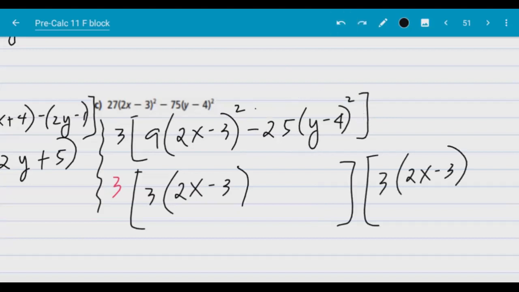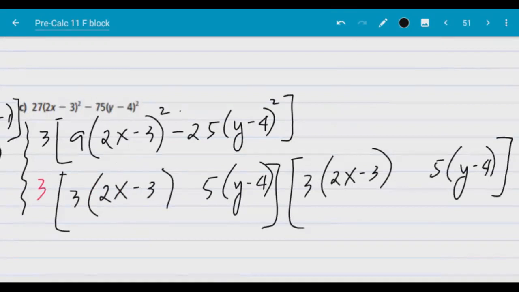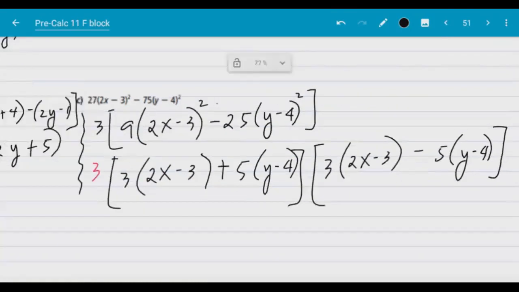It would be 5 times y minus 4. And there will be a 5 times y minus 4. And to finish this off, plus or minus, because it is the difference of two squares.